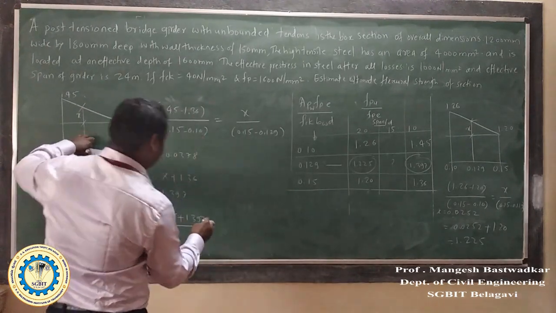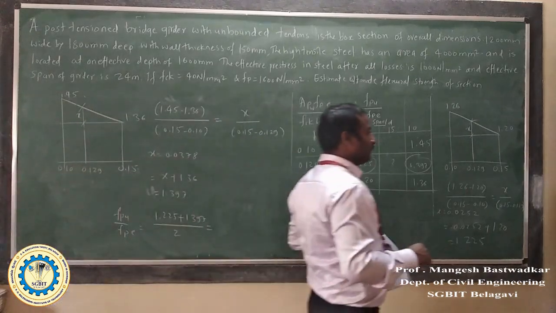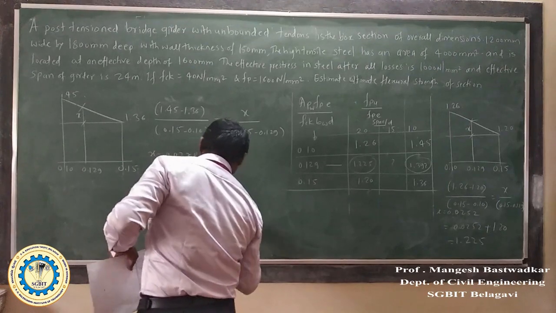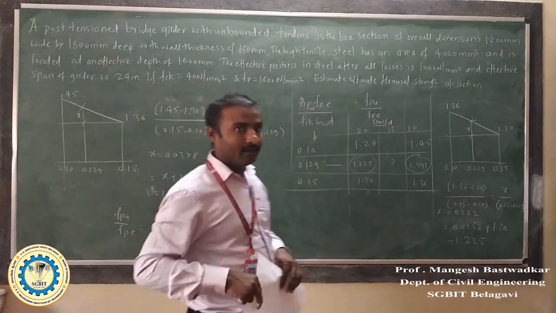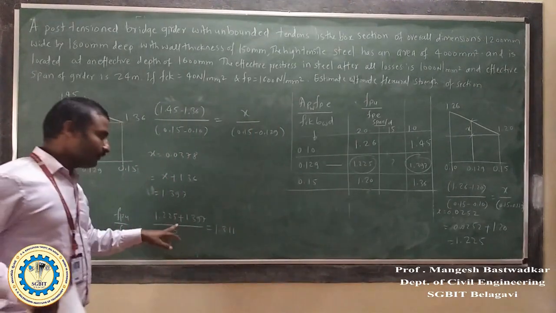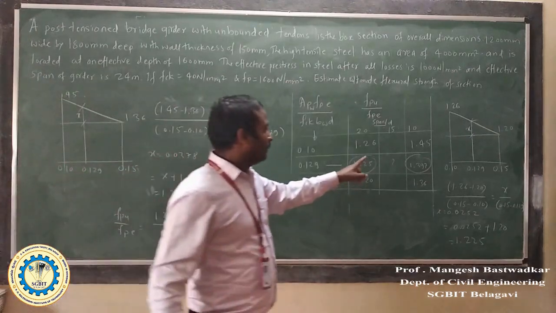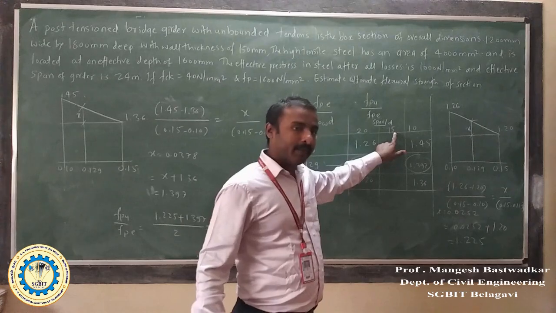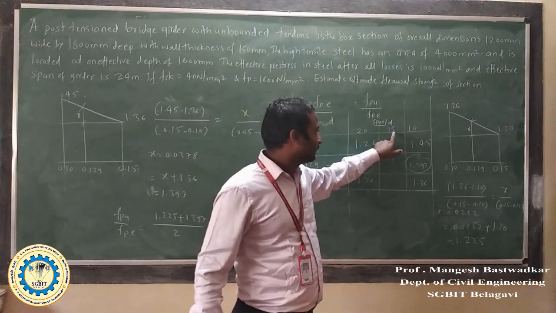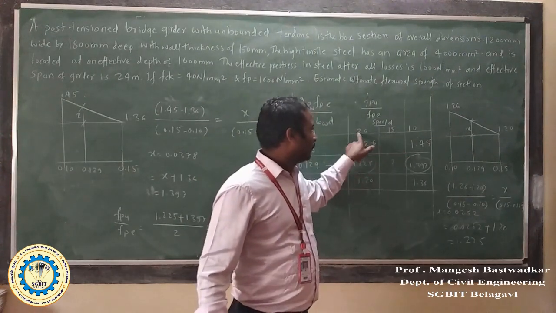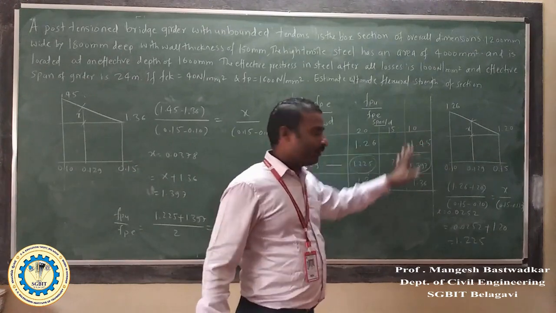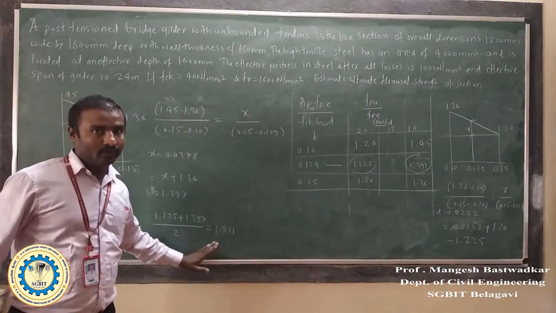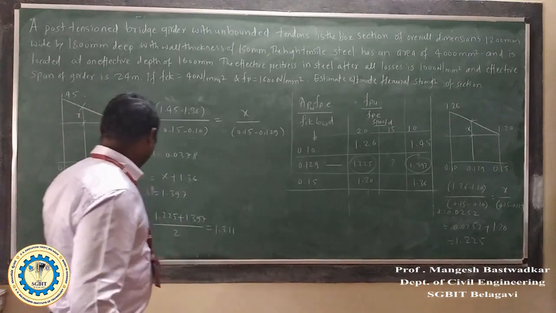So here you will get this value as 1.311. Okay, why have I taken the average value here? Because the value is required for span by depth ratio 15, and that span by depth ratio lies exactly at the center between 20 and 10. So I have taken the average value.